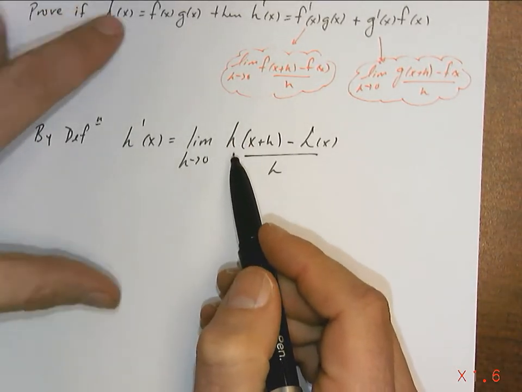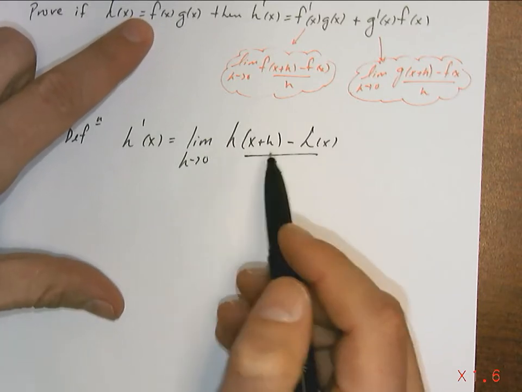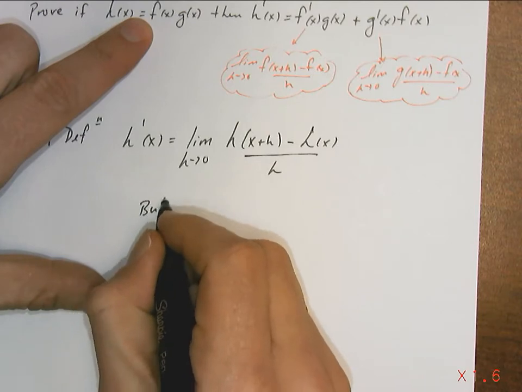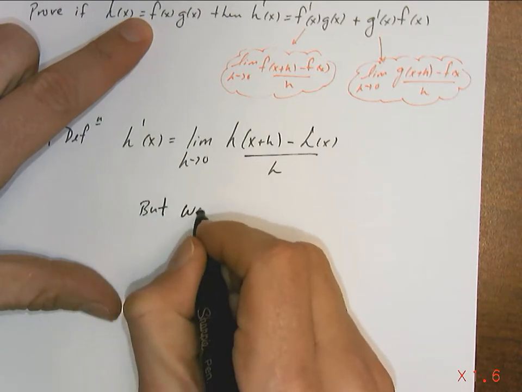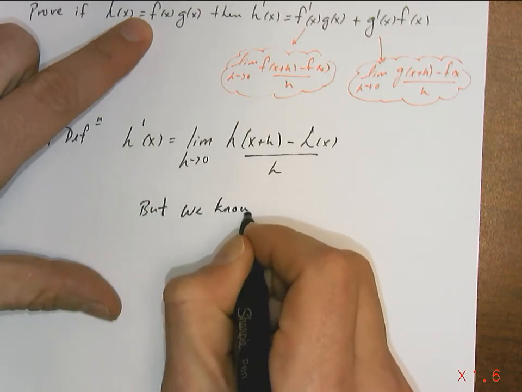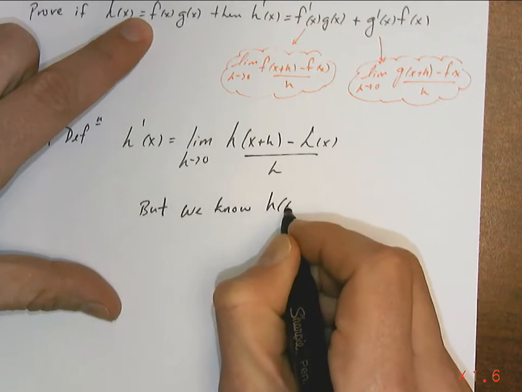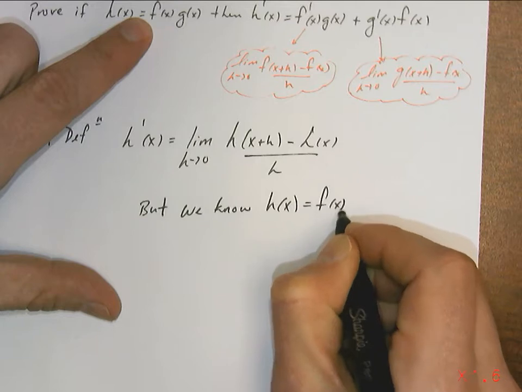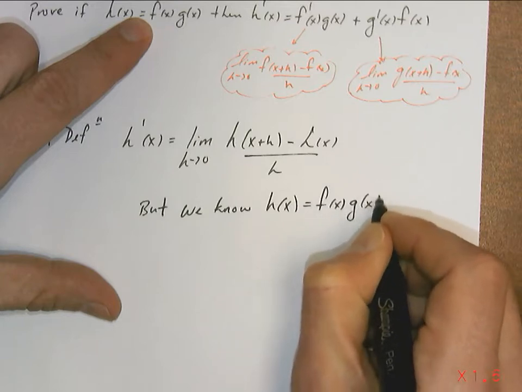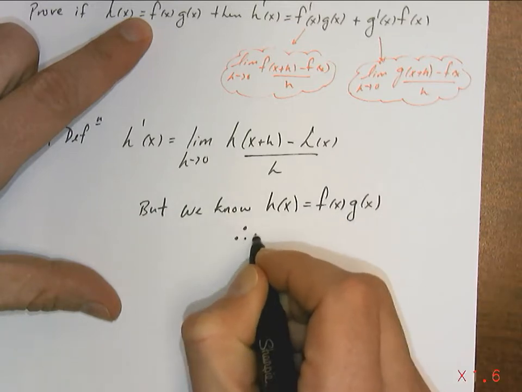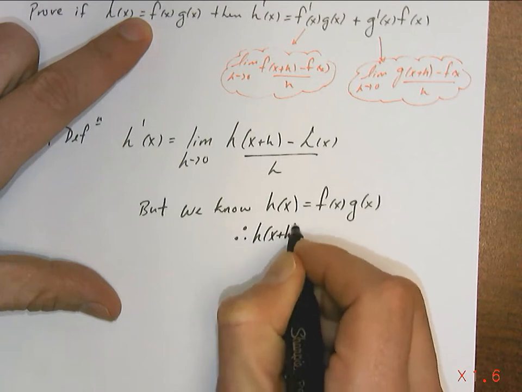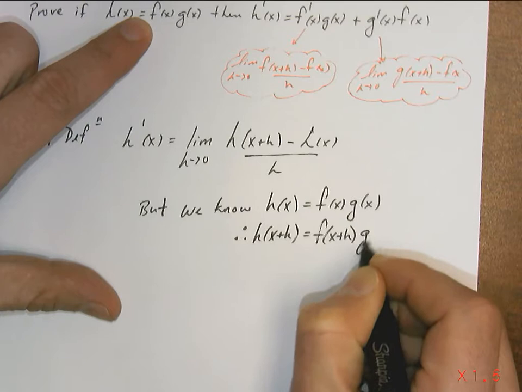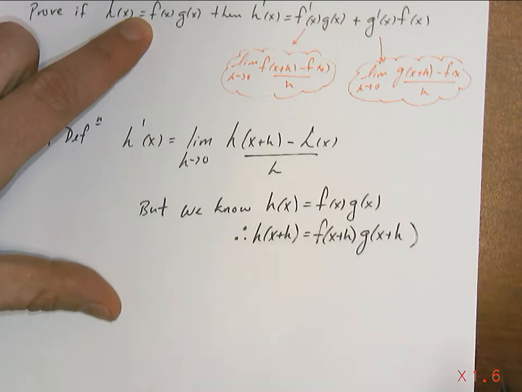But we happen to know that h of x is in fact made up of two other functions. We know h of x is equal to f of x and g of x. Therefore, h of x plus h is equal to f of x plus h times g of x plus h.